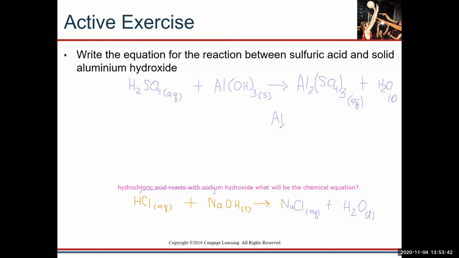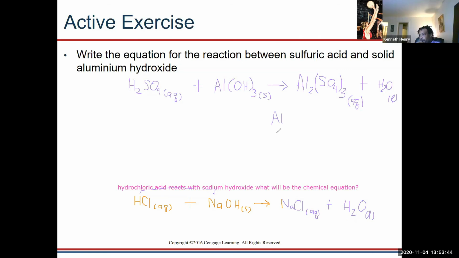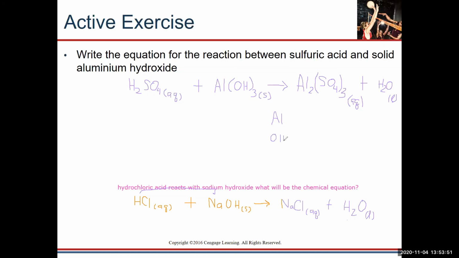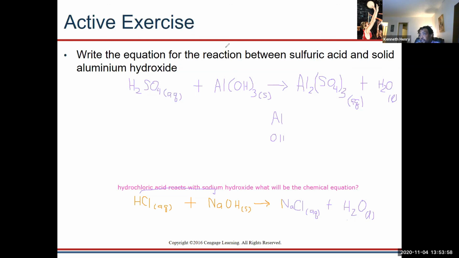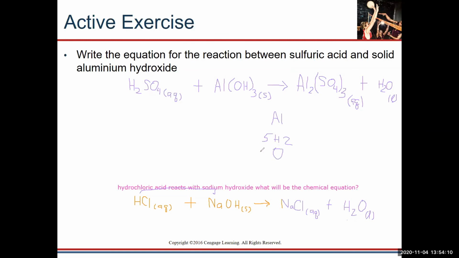I have to write down how many are on each side first. So on the reactant side for hydrogen, there is 5, and on the product side, there's 2. For S on the reactant side, there's just 1, and on the product side, there's 3.